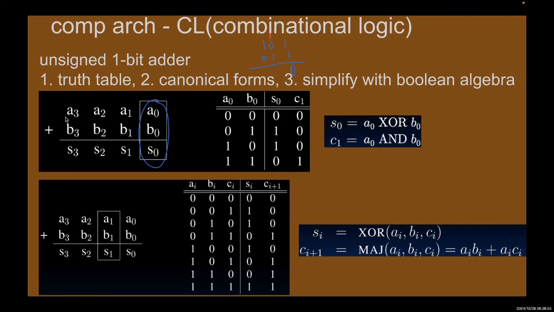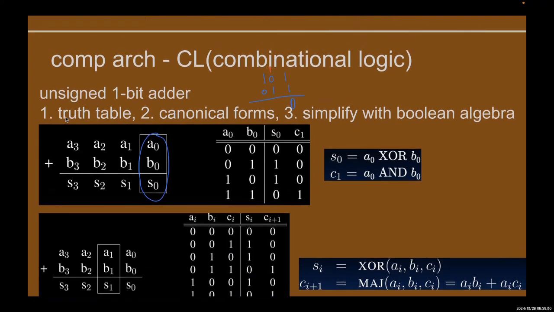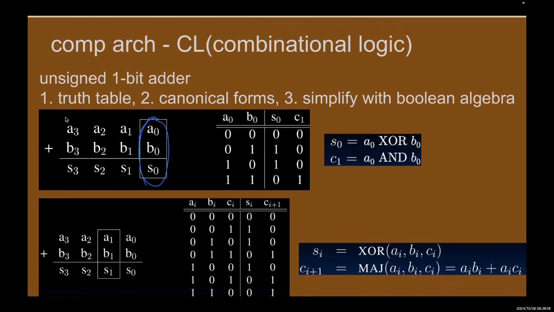So this is carry in English, right? The lowest bit does not have a carry in, but all the other bits have a carry. So we can treat them separately first. For the lowest bit, you do not need to care about the carry.